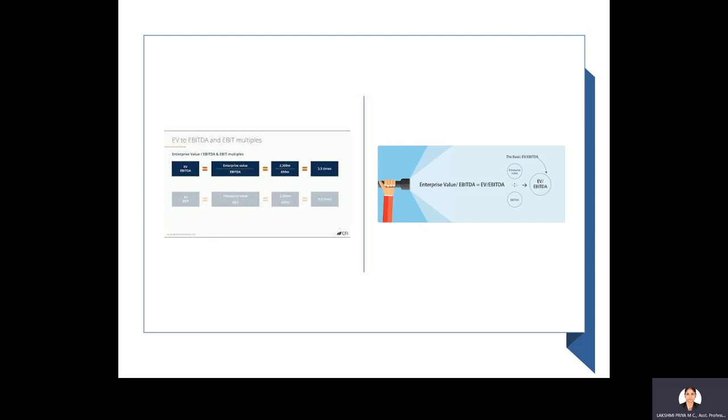You can arrive at a range of values generated by various multiples, but the problem here is that the range is likely to be too wide to use for decision making. You can calculate a simple average of the various values arrived at using different multiples, and the advantage of this approach is its simplicity.